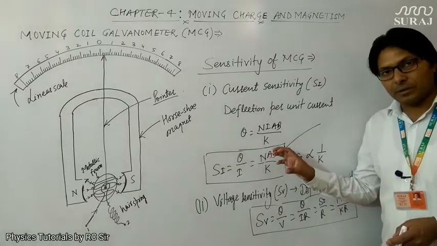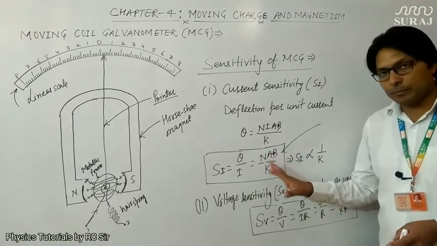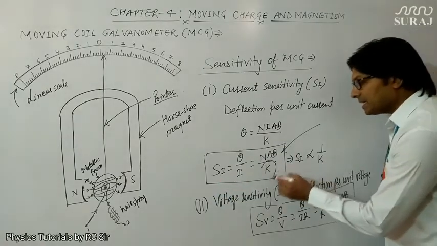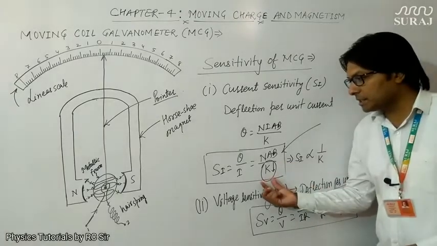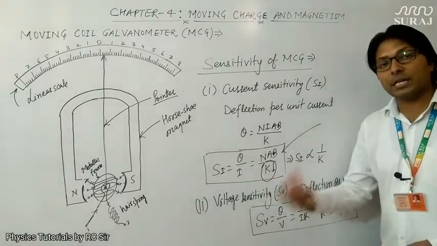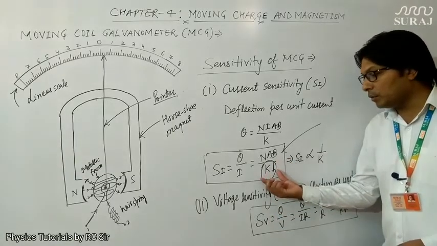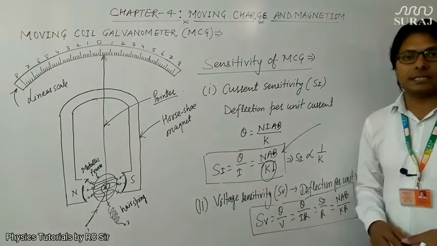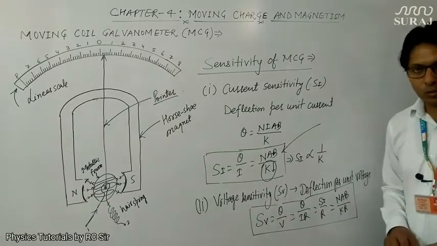So what is left to increase the current sensitivity? We can say by decreasing the value of this spring constant, or by using such type of springs which have a low value of spring constant, we can simply increase the current sensitivity, or in fact increase the voltage sensitivity also.